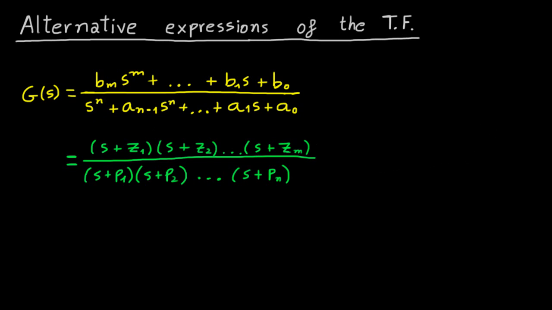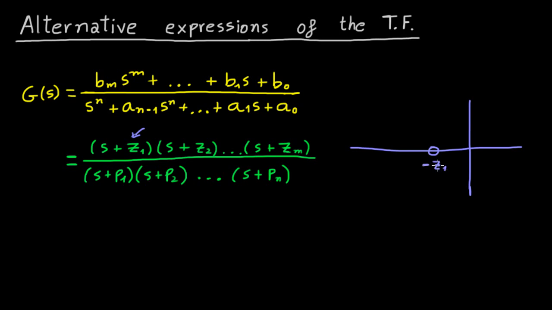At the same time, we can draw the poles and the zeros in the complex diagram. So for example, this is the complex plane. Let's imagine z1 is a real zero. We can draw it here, and we indicate the position of a zero with an O. Here I write minus z1.